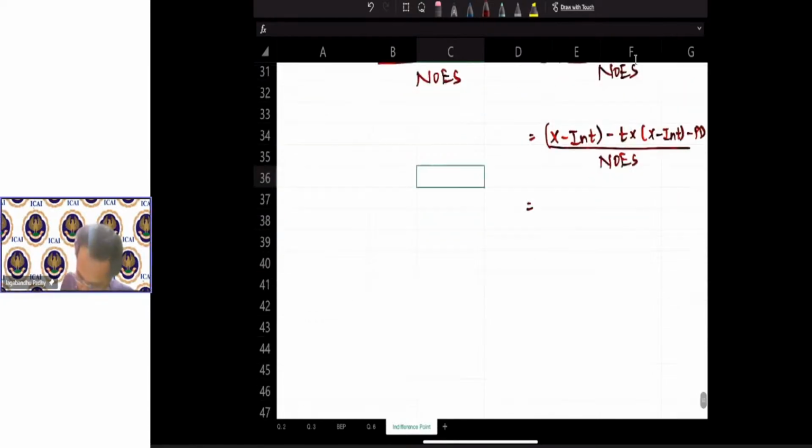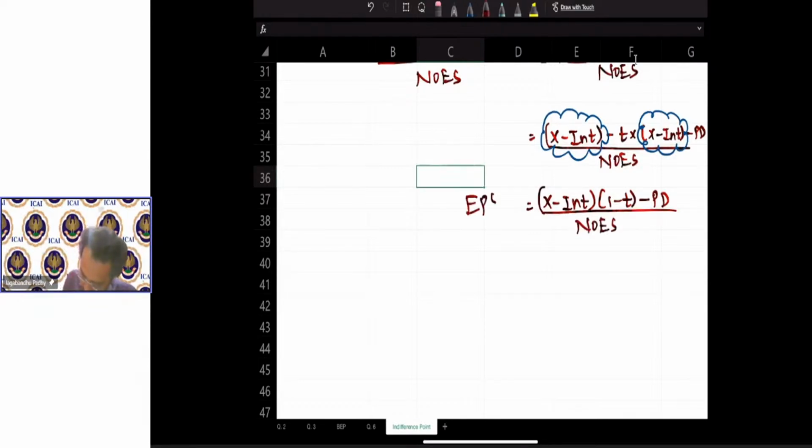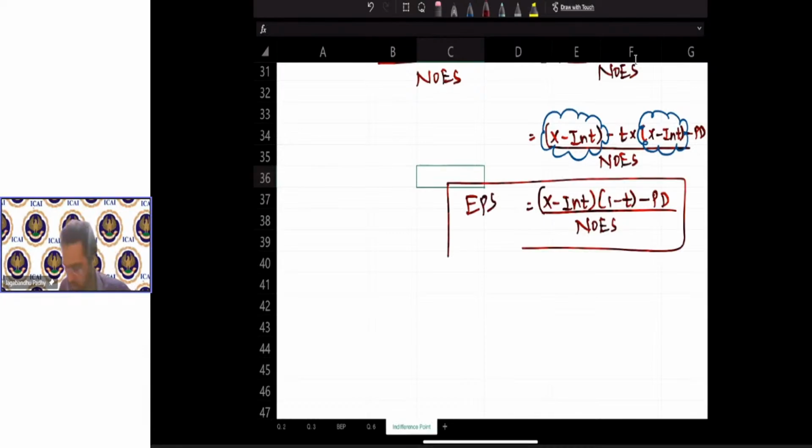So in a sense, you can take X minus interest common outside. So X minus interest, into 1 minus t, minus preference dividend, upon number of equity shares. This is going to be the accepted formula for EPS calculation.